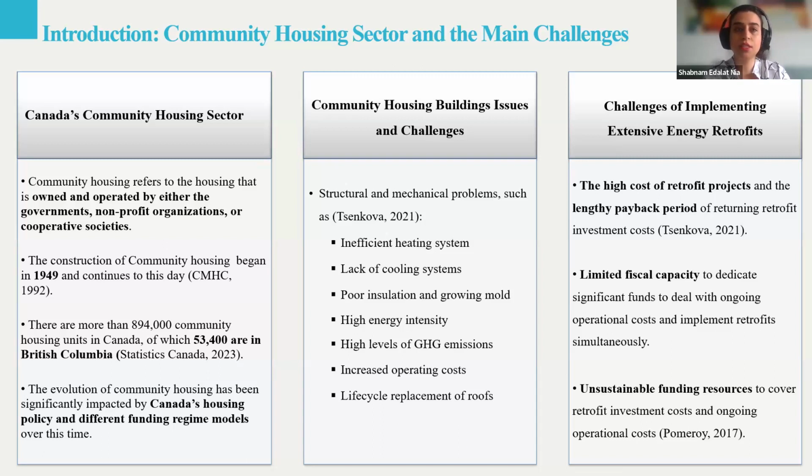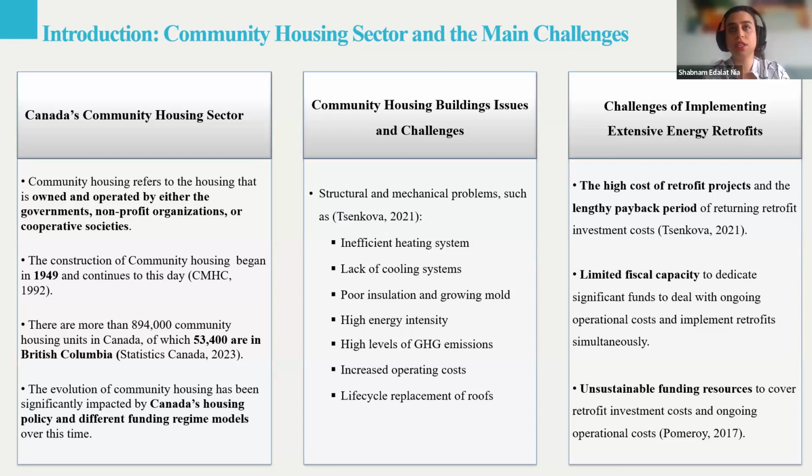Under this policy, the provincial government was obligated to fund the maintenance and operation expenses in the community housing units, and it resulted in a fiscal burden on the provinces and the housing providers. After a while, it resulted in extensively postponed maintenance in the existing community housing units.